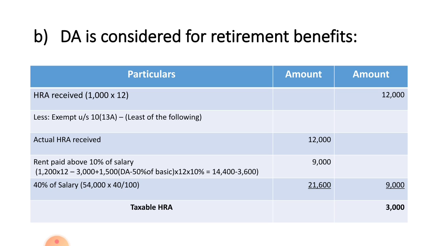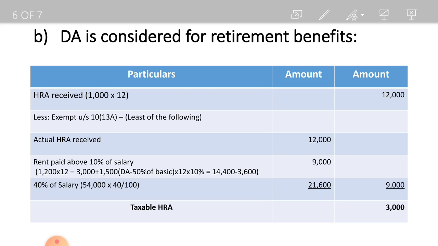Here rent paid will be the same 14,400, but salary amount changes, that is 3,000 of basic plus 1,500, that is 50% of basic as DA. So the total of salary per month amounts to rupees 4,500. 4,500 for 1 month, for 12 months it amounts to rupees 54,000.